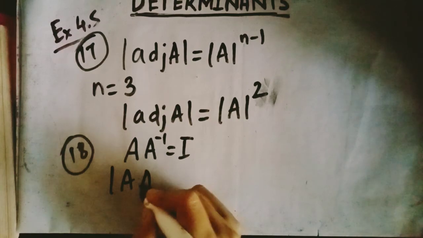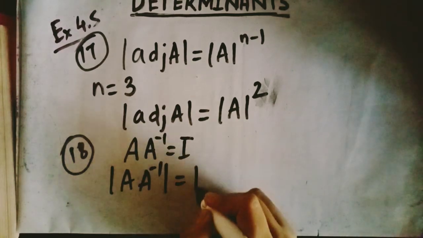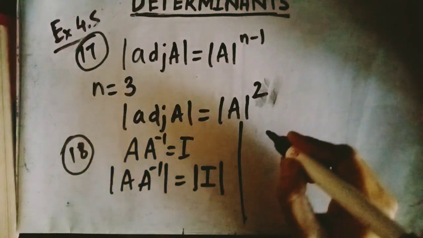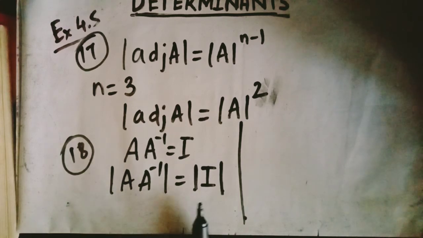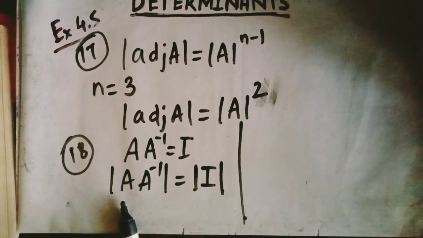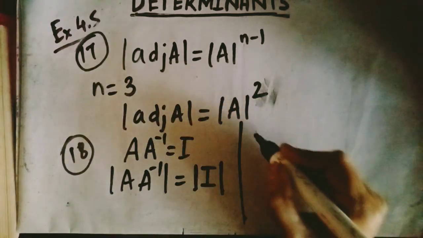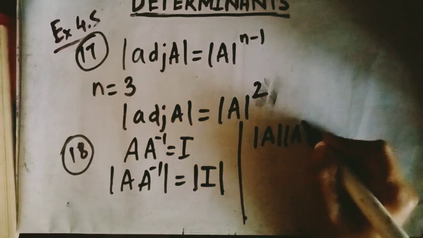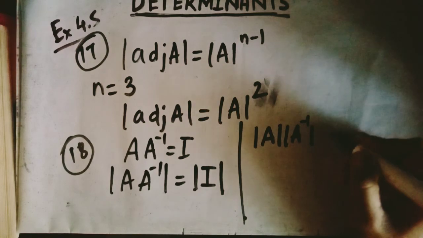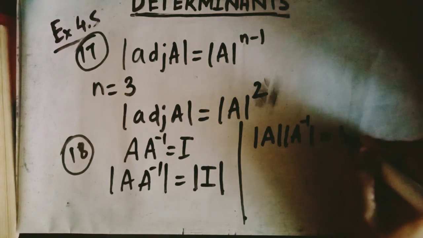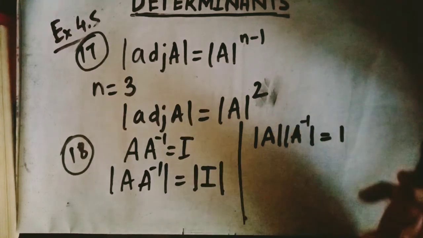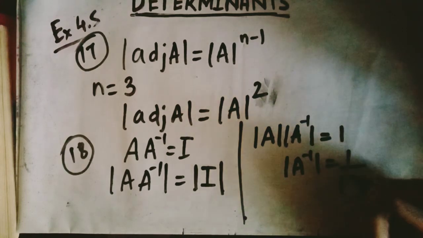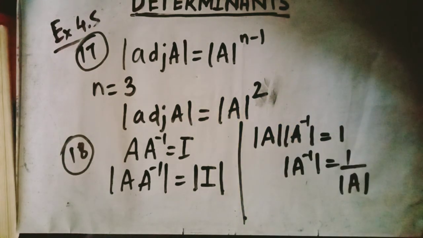Taking the determinant of this and using the property of determinants, that is the theorem, you can write determinant of A into determinant of A inverse equal to 1. So the determinant of A inverse is 1 upon determinant of A.